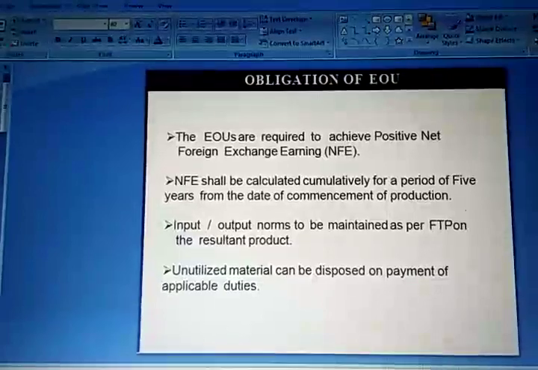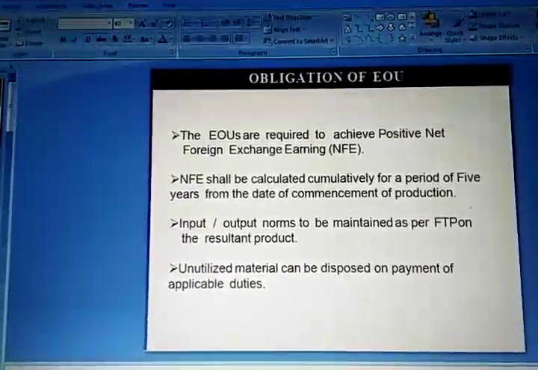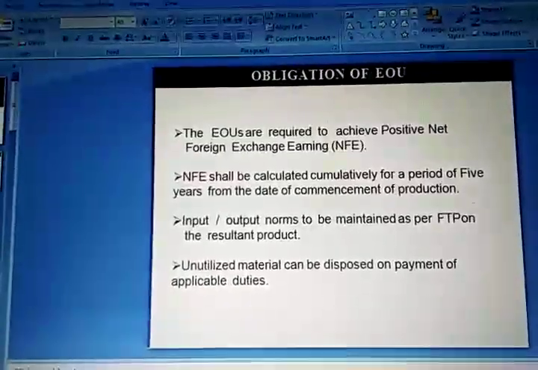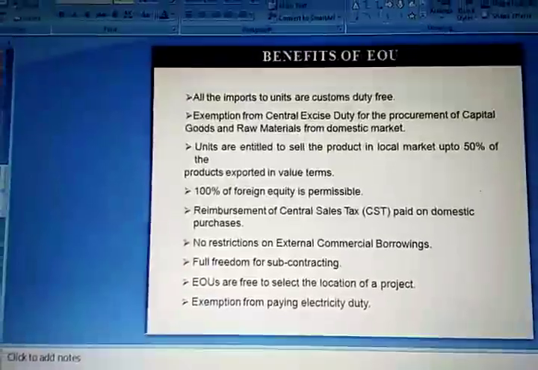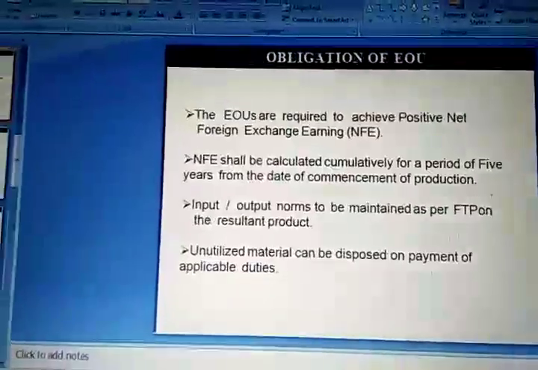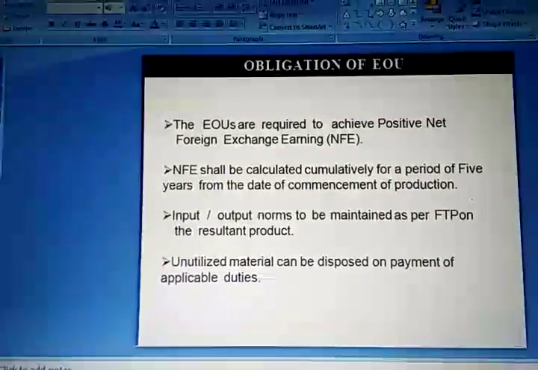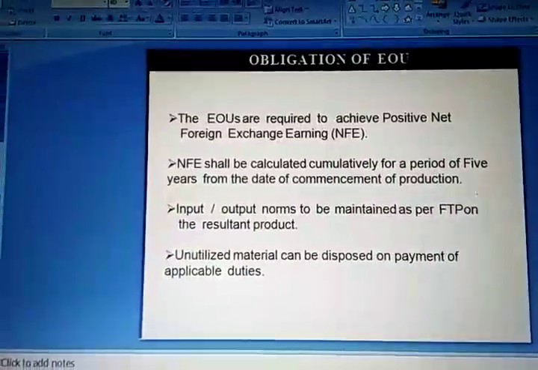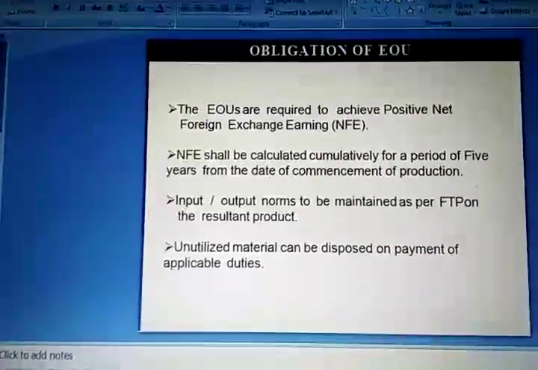Input output norms are to be maintained as per the FTP, Foreign Trade Policy, on the resultant product. Clear? I think you clearly understand this topic.